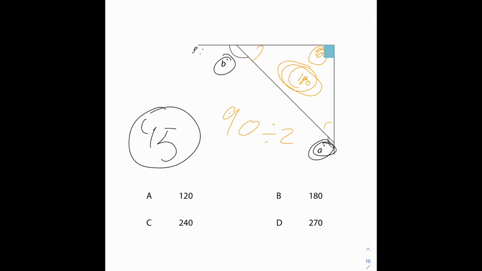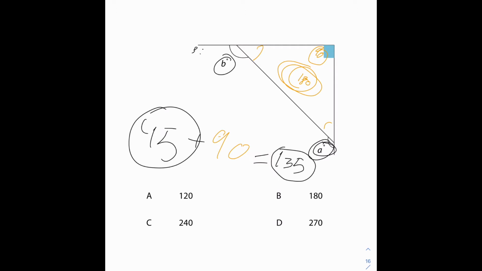So I can just add 90 plus 45. I'm just going to be conservative here and use this 90. It's 90 plus 45. So A or B is going to be 135. Each of them is 135 actually.